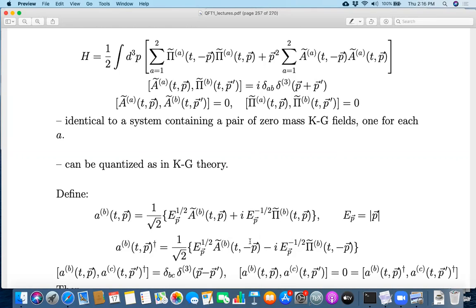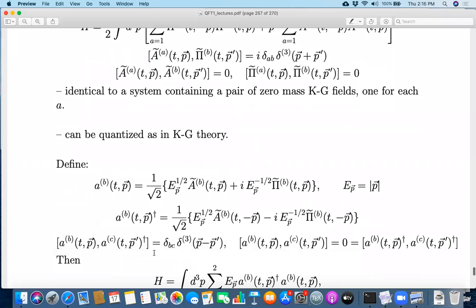And that follows from the fact that in the Fourier transform there is an exponent of e to the i p dot r. So when you complex conjugate, that p gets changed to minus p. This we had seen also in the case of the Klein-Gordon field. So these are exactly the same equations. And the definition of E_p is just the magnitude of p, since m is 0.